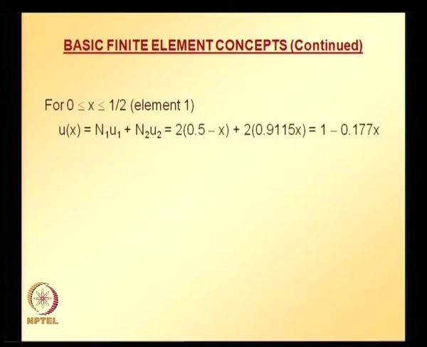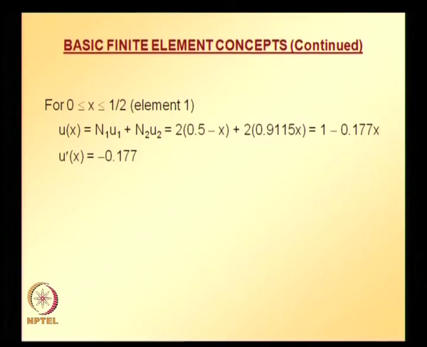So, go to the first element, you know the trial solution in the first element, and u1 is already substituted. Now, you got the u2 value, substitute and simplify, that gives you the approximate solution in element 1, and take the derivative of it, you get this one.